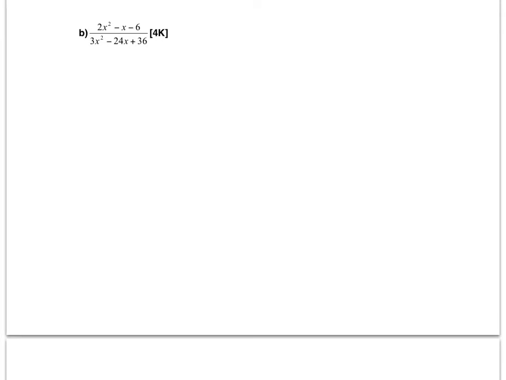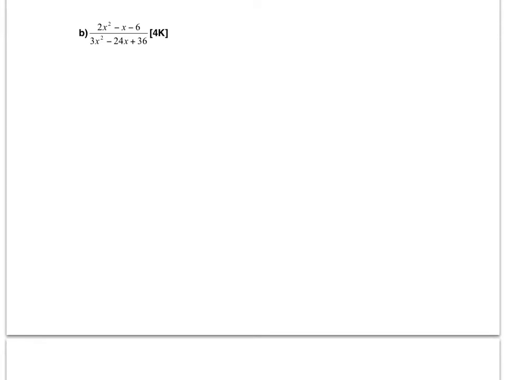The second question, we have to simplify 2x squared minus 2x minus 6 over 3x squared minus 24x plus 36 and state the restrictions. The numerator, since the leading coefficient is 2, I cannot use the sum and product method. I have to use a technique, something like the decomposition method.